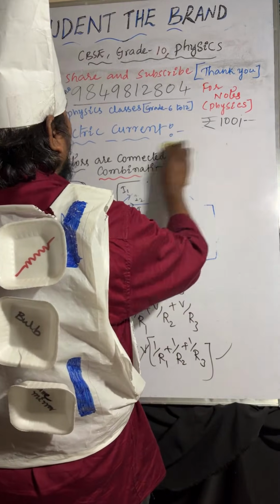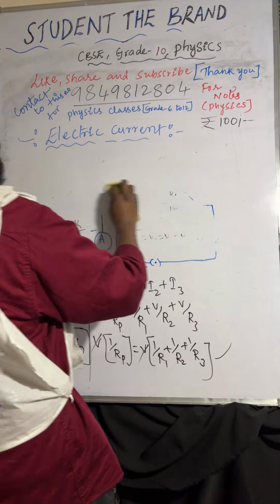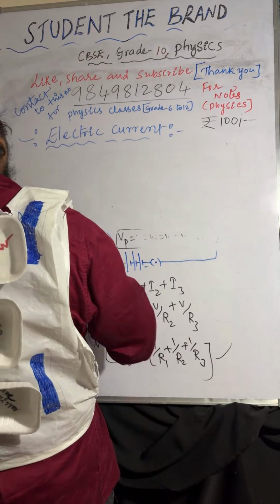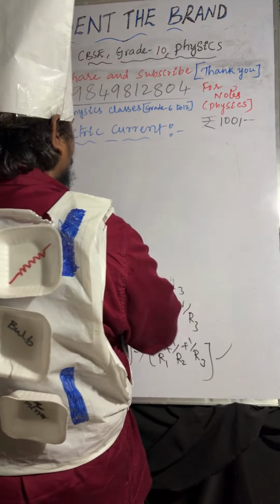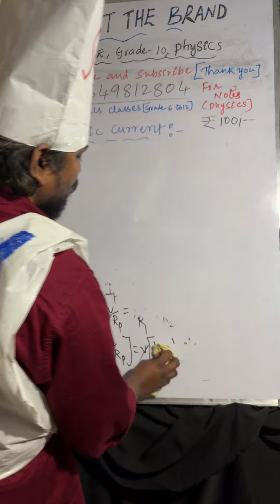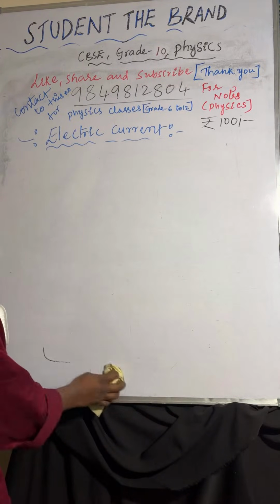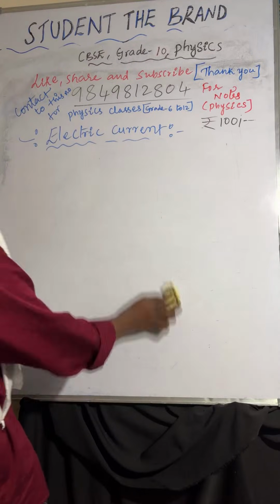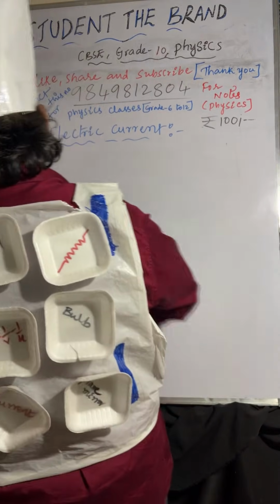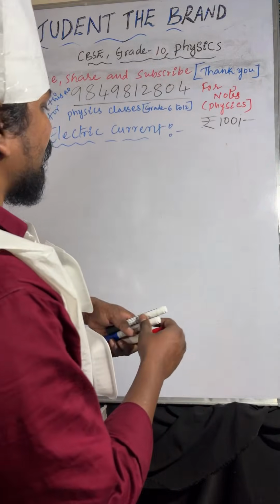Next one, heating effect of electric current. Potential difference V is directly proportional.